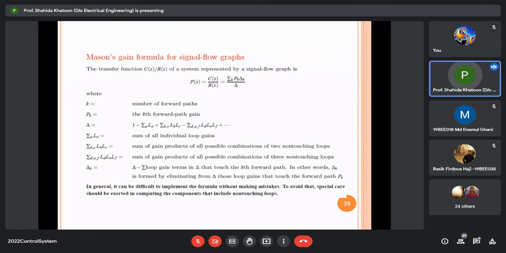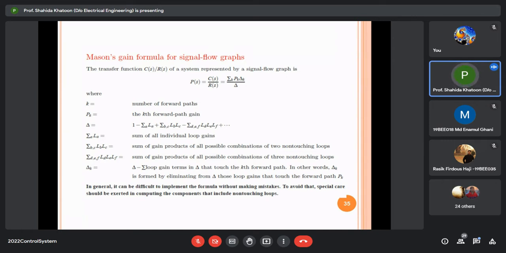Okay. Then delta k is the delta minus the summation of loop gains in delta that touch the kth forward path. In other words, delta k is formed by eliminating from delta those loop gains that touch the forward path Pk. Okay, so let us take a numerical problem.